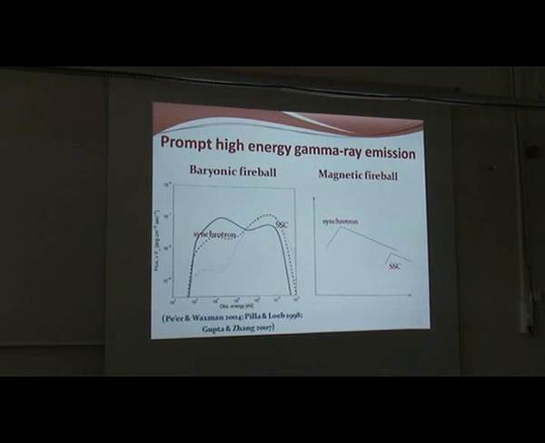What happens for the high energy gamma emission? In both models, we interpret the soft gamma emission as synchrotron radiation of the electrons accelerated in the energy dissipation. In the baryonic fireball model, usually the energy density of the generated magnetic field is much weaker than that of the electrons. So the synchrotron self-Compton radiation should be very important.